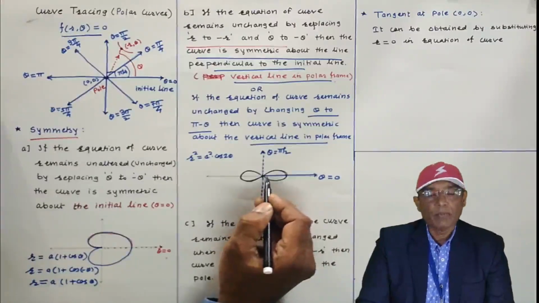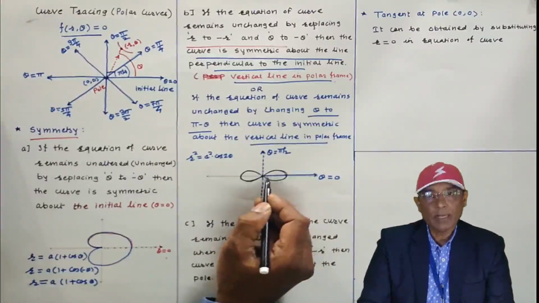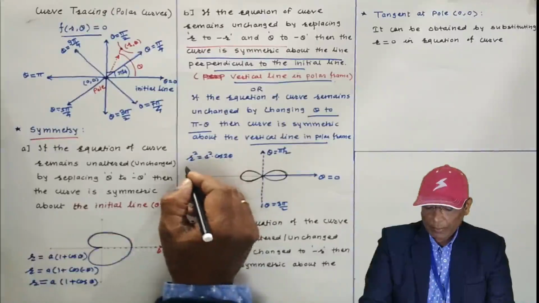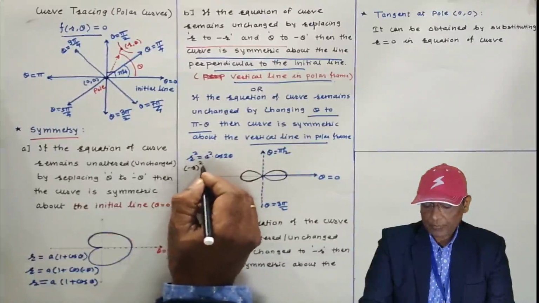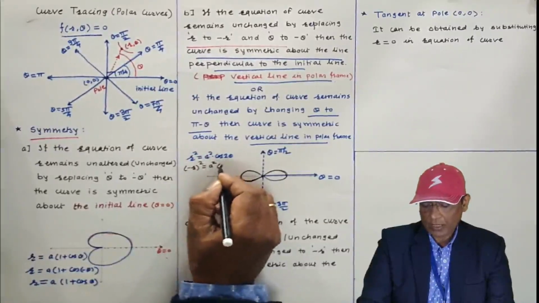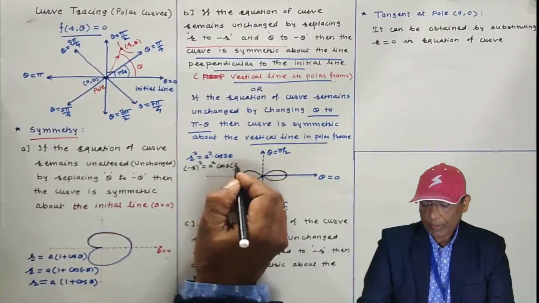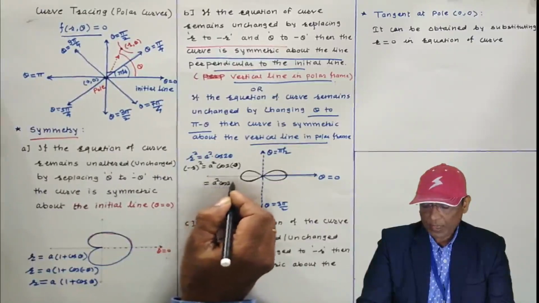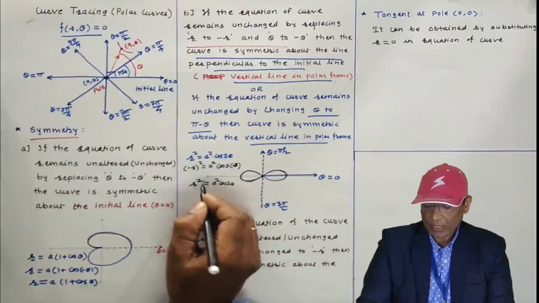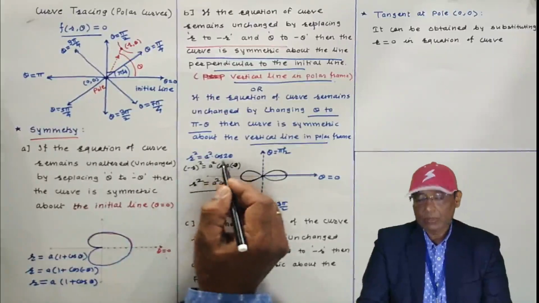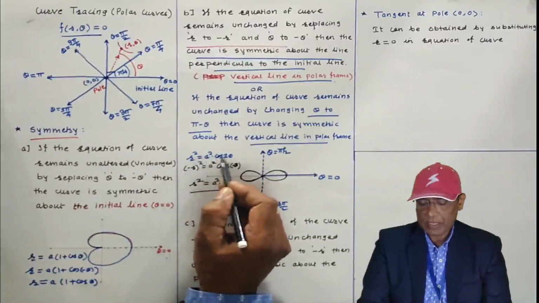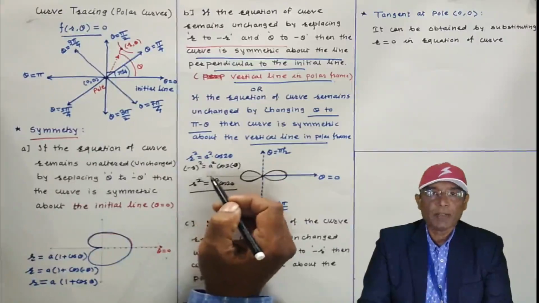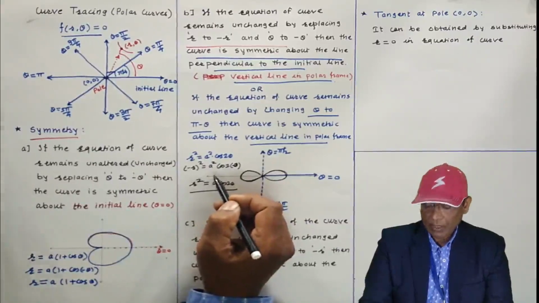Now I am going to check whether it is symmetric about the vertical line or not. So if you replace r by minus r and theta by minus theta, what will happen? The cos of minus 2 theta is cos 2 theta and minus r square is r square. So on replacing theta by minus theta and r by minus r, the equation of the curve remains the same.